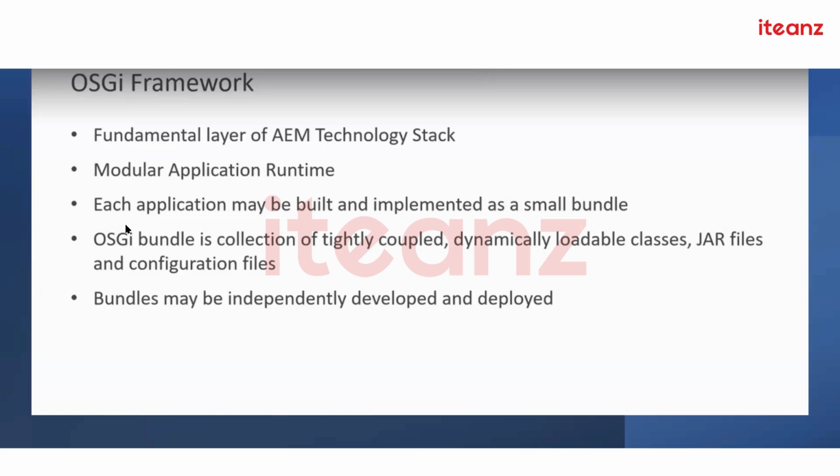How it is implemented and deployed is all done using a bundle in your OSGi framework. The OSGi framework helps us build and deploy those applications as small, modular bundles. Now, what is a bundle?